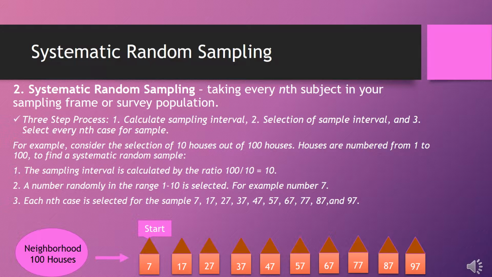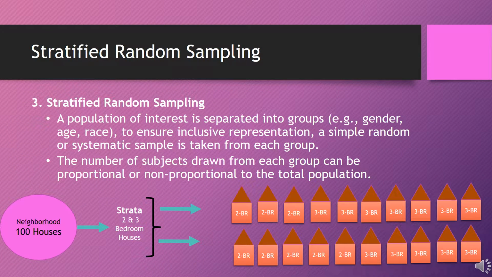Number 3, each nth case is selected for the sample, which is 7, 17, 27, 37, 47, 57, 67, 77, 87, and 97.